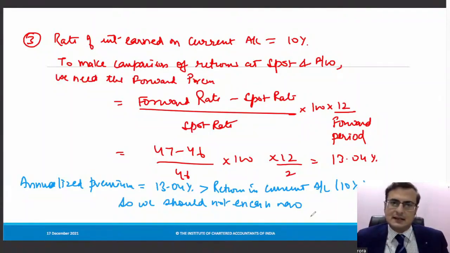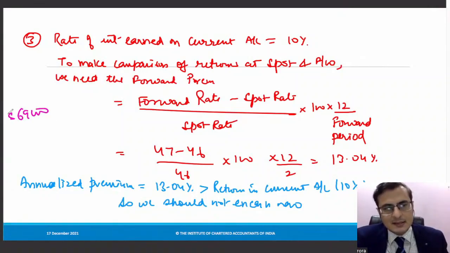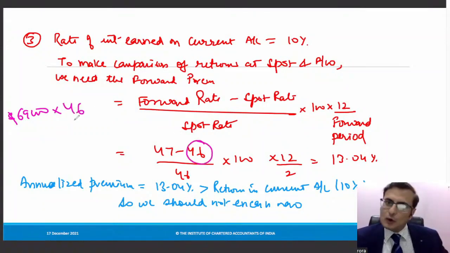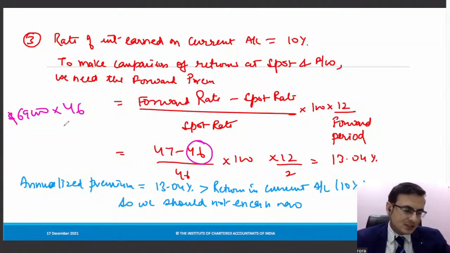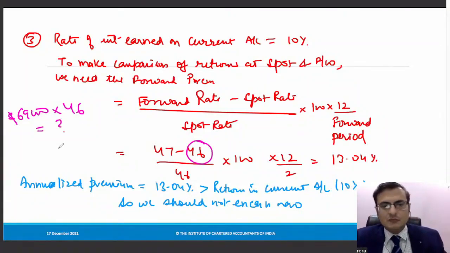So, sir, you mean to say... Yes, I mean to say you have $69,000 multiplied by 46 spot rate. You will get whatever amount, and you will earn 10% return on that in your current bank account.